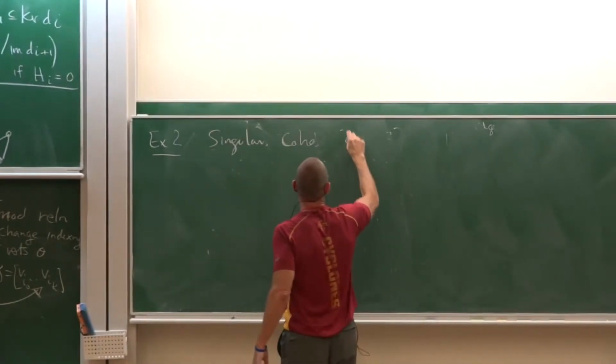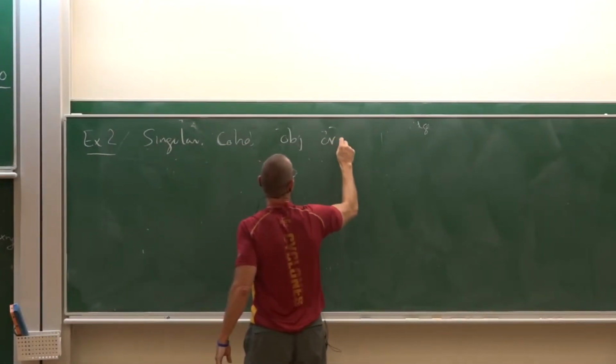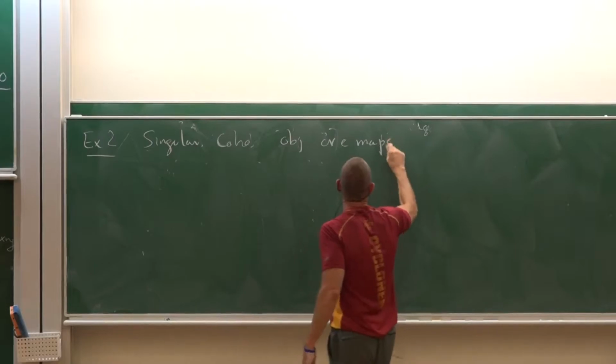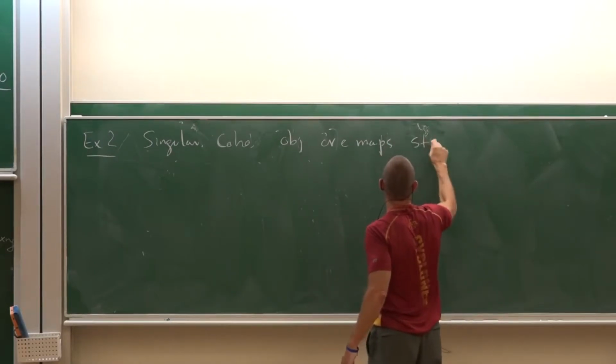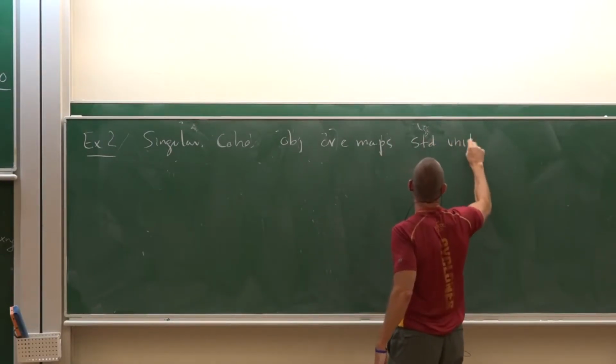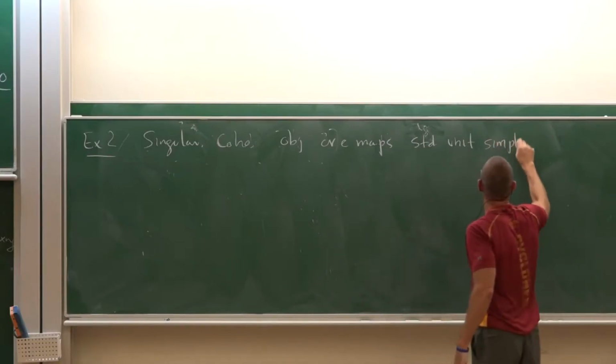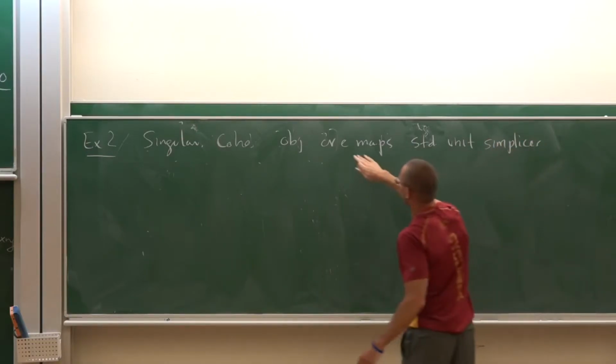So now the objects that I have are maps from the standard unit simplex. I guess the i-cochains, I should say.